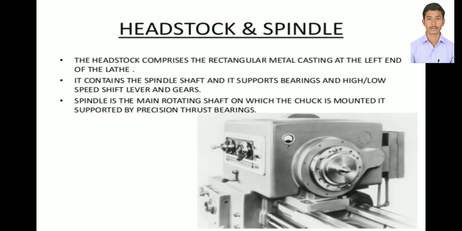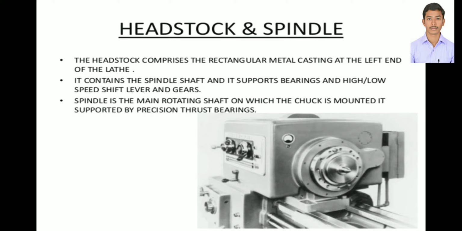The end of the headstock spindle is called the lathe center. In this lathe machine we have two centers available, the live center and the dead center. The end of the headstock spindle is called the live center and the end of the tailstock spindle is called the dead center.